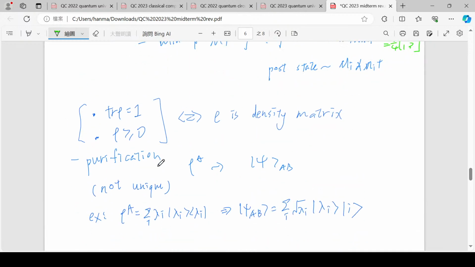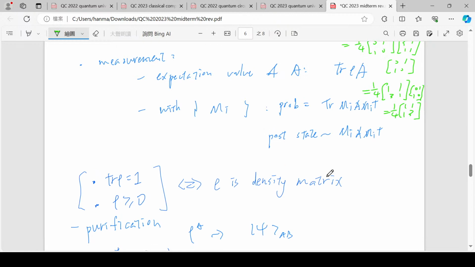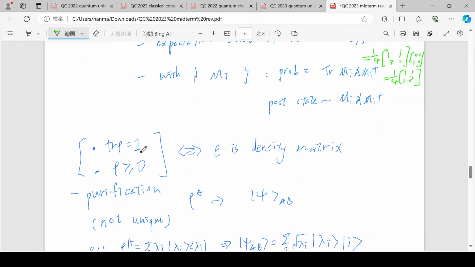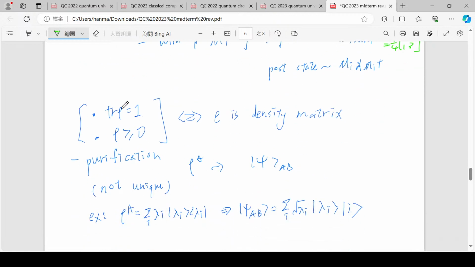And we also said that you can characterize density matrices by just checking whether trace rho equals 1 and rho is PSD.